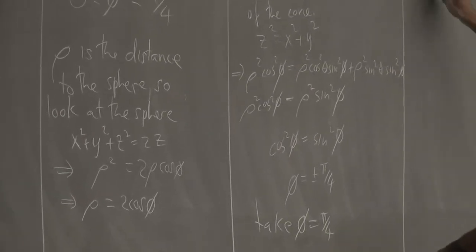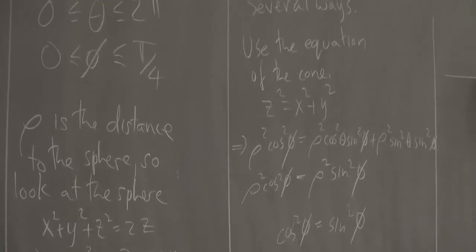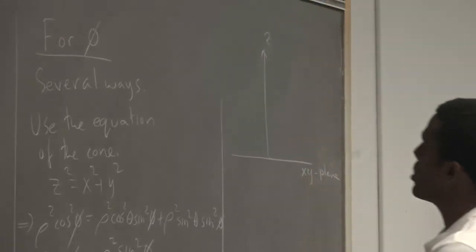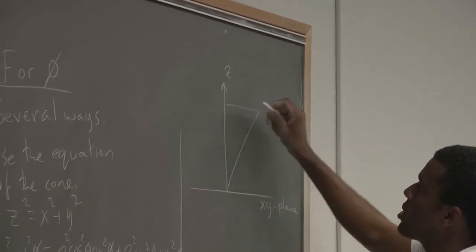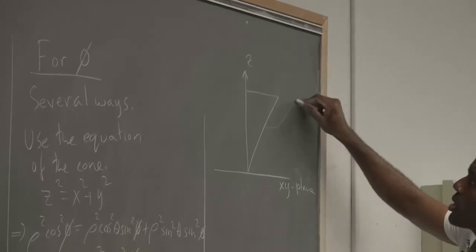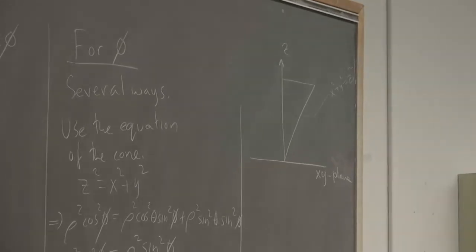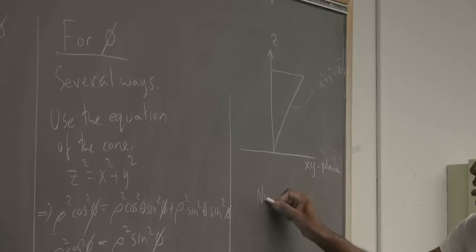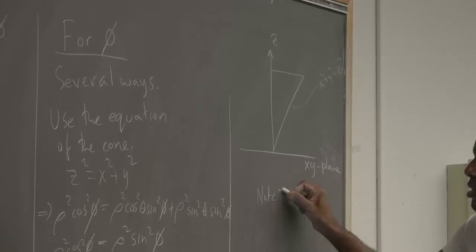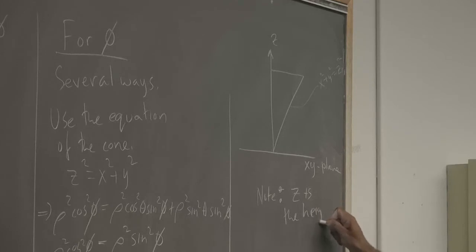Another way is to actually look at the floor, like the xy plane. Here's your z-axis pointing up, and this is the cone. Right, this is x squared plus y squared equals z squared. What you notice here is that z is the height, right?